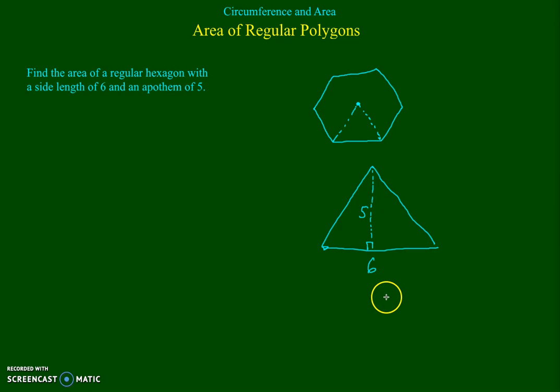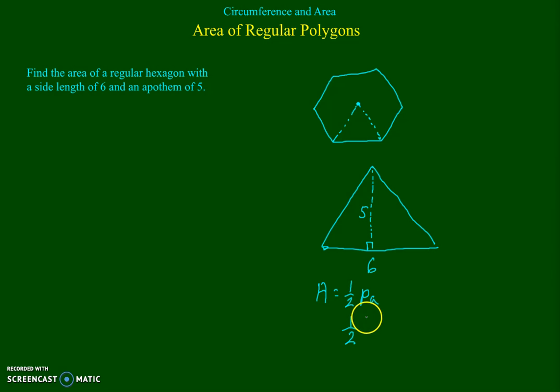Well, in this case, they've given us everything we needed, so there's really nothing to do other than plug into the formula. But your process is going to be, write down your formula. Area is 1/2 a p, and then fill in the missing pieces. 1/2 perimeter. Well, perimeter is going to be the side length times the number of sides. In a hexagon, it's 6.